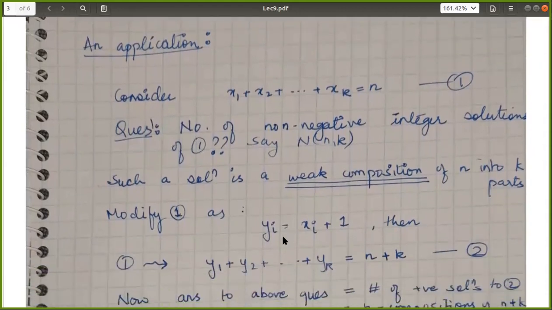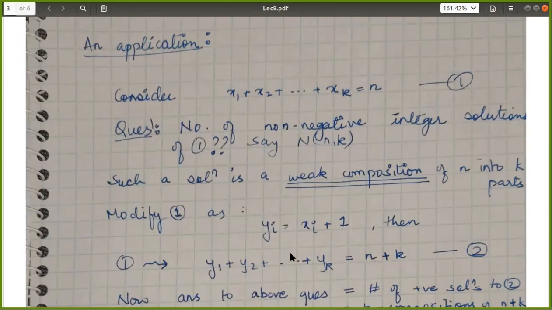So if you modify this equation and replace each xi by xi plus 1, and call that a new variable yi, I have modified this equation to y1 plus y2 and so on till yk, and this will be equal to n plus k. Is that right? Yes, ma'am. You have added k many ones, correct? Correct. So you got n plus k here.